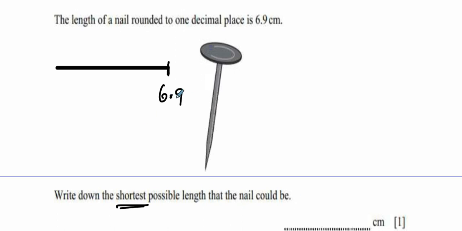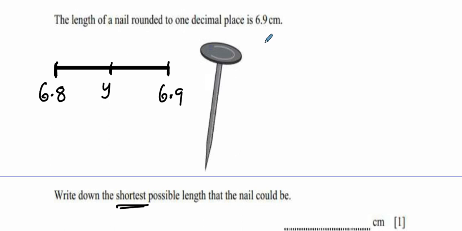Okay, 6.9, the number below 6.9 is 6.8. So the shortest possible length will be halfway. Let this be, say, y.